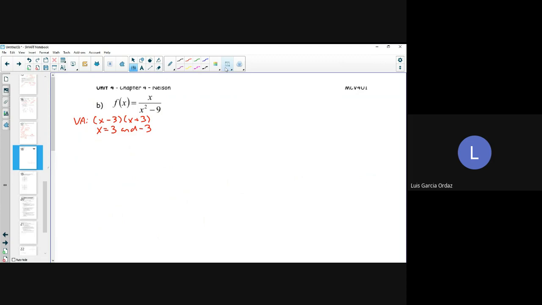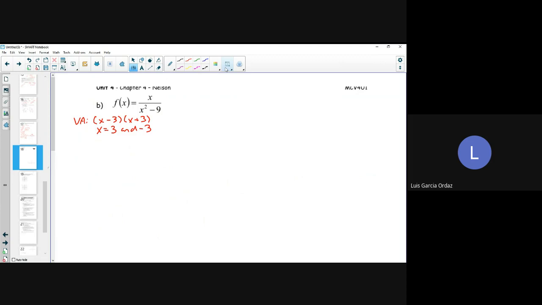Now, what is my horizontal asymptote? If I divide by x squared, both the numerator and denominator, what do I get? Zero.